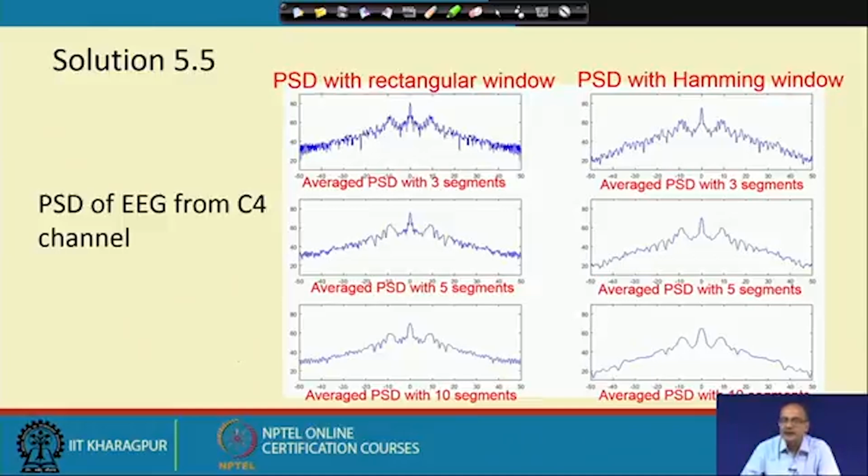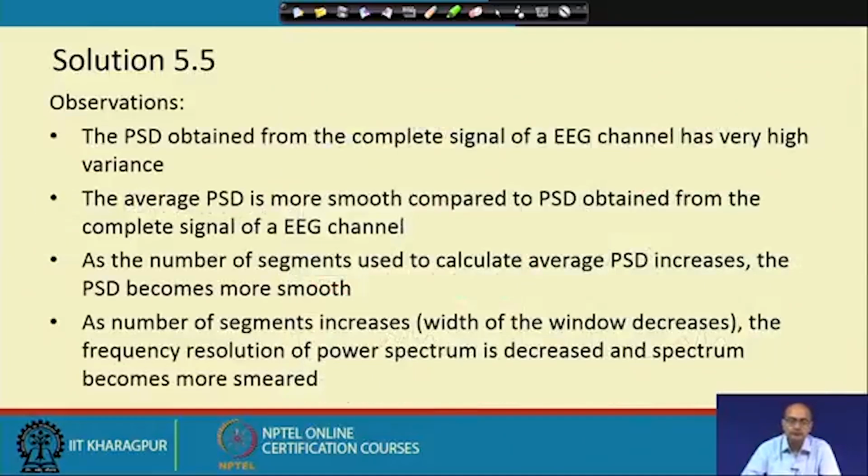Now, we summarize the results. First, we look at the PSD obtained from the single channel of EEG. It has very high variance, or the undulations are very high. Next, if we use the average PSD, it helps to smooth out the PSD compared to the PSD of the complete signal.